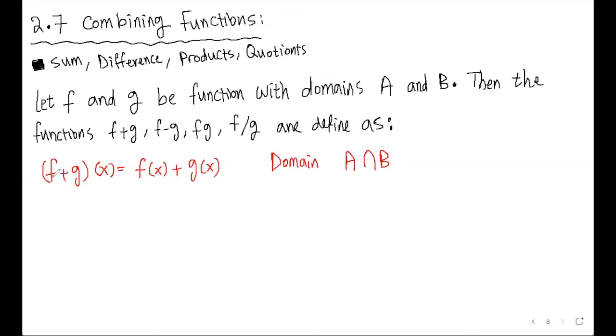The domain for the function f is A, the domain for the second function g is B. So the domain for the sum of the two functions is the intersection between both domains, okay? So the sum between two functions is defined as the first function plus the second function.